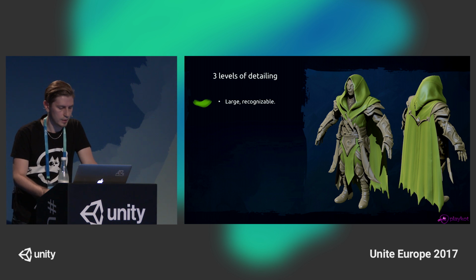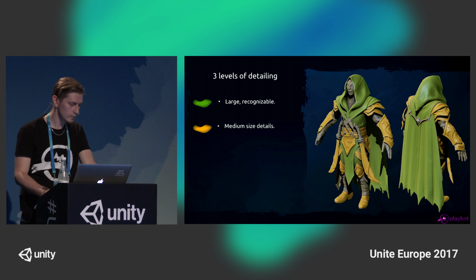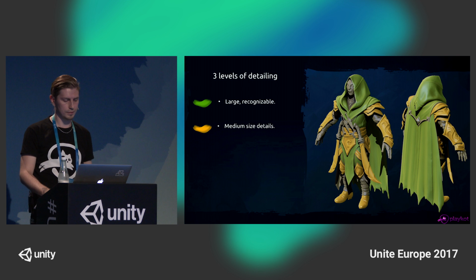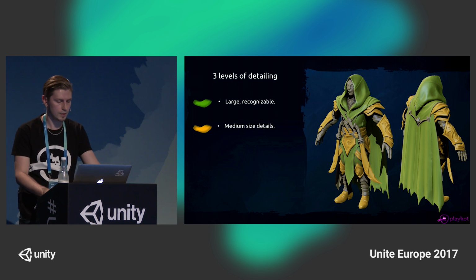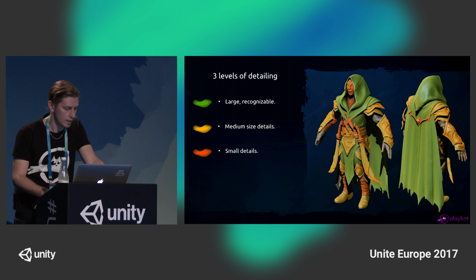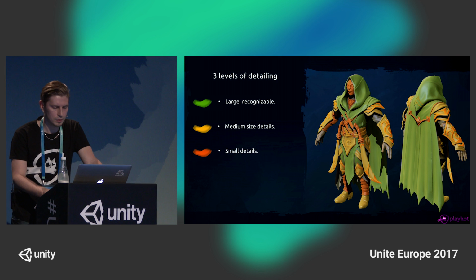But if you look closer, this is an area clear from too many details, and it gives a rest to your eyes. The second level consists of the medium-sized details, and they enrich the silhouette and image of a hero. And the third level is about the small details, and they make the character more interesting, give him life, his own story. And they become perceptible if you look closer.